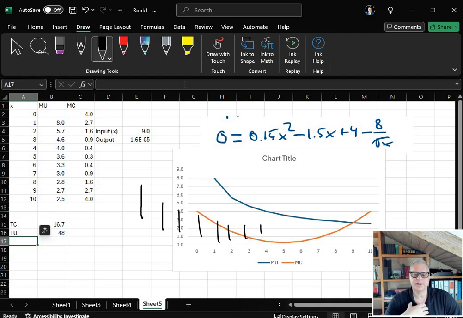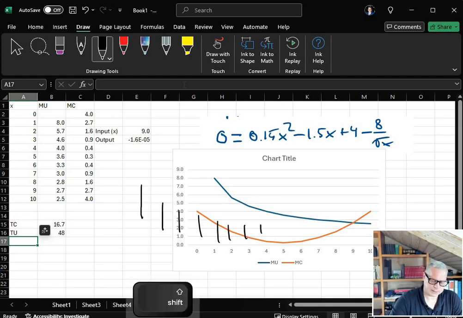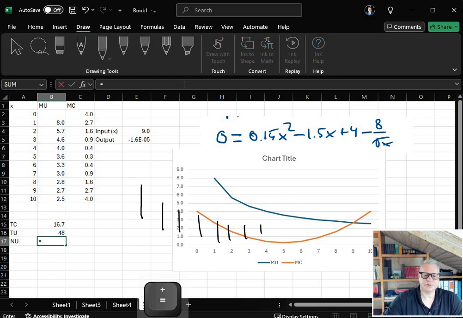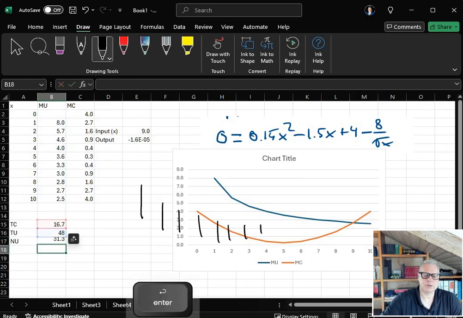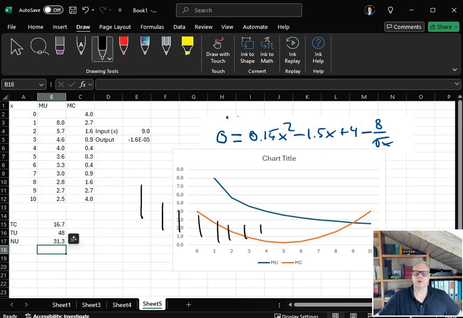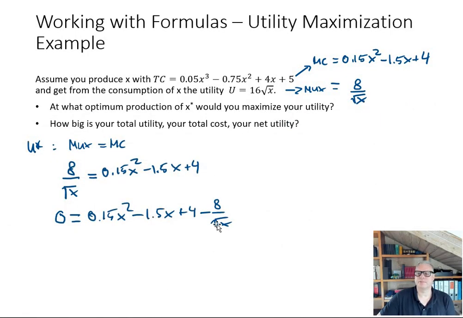So the net utility that you get is the difference between the total utility and the total cost. So you get a total of 31.3 in total utility. And that is the profit maximizing utility that you can get at the quantity of 9.